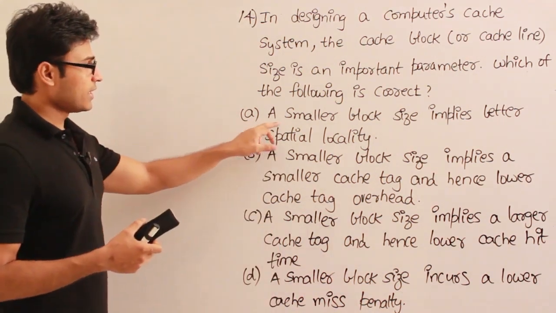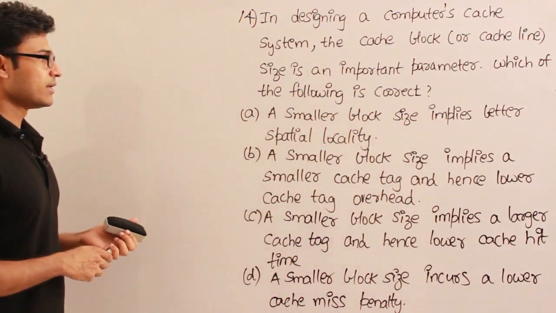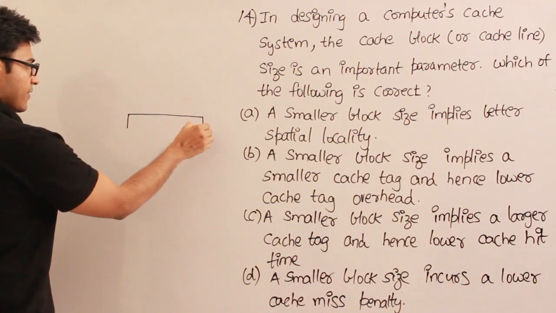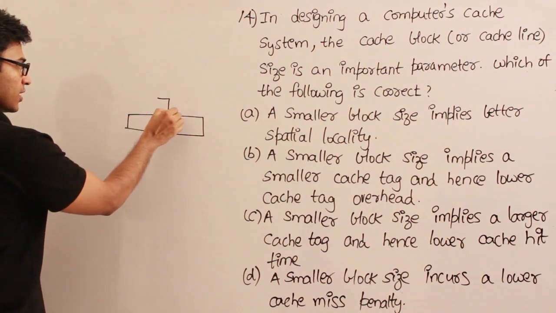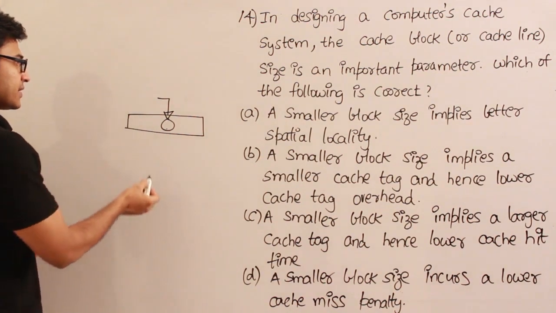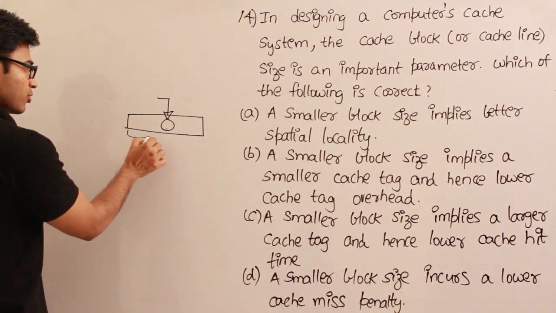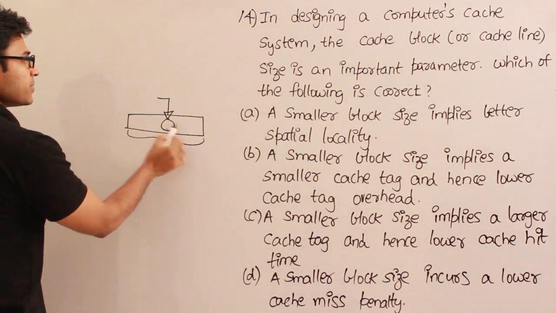So the first one is: a smaller block size implies better spatial locality. Spatial locality says that when you are accessing a word somewhere in the block, there are chances that next time you will access a word in close proximity to the accessed word in terms of space.